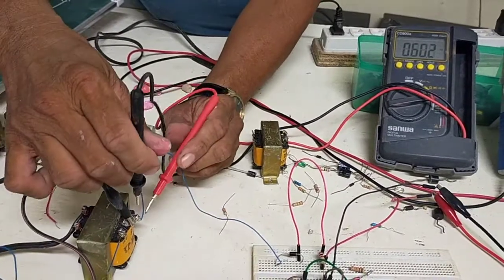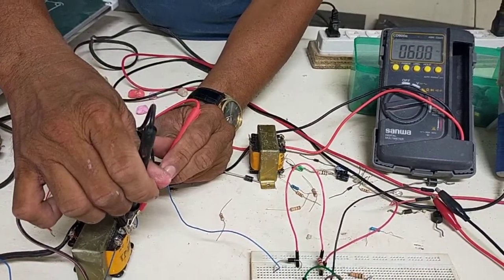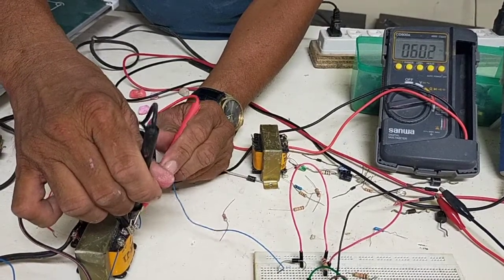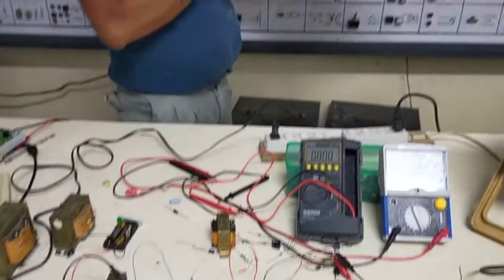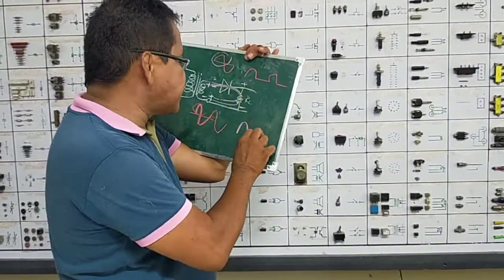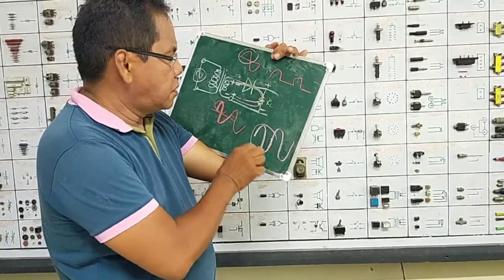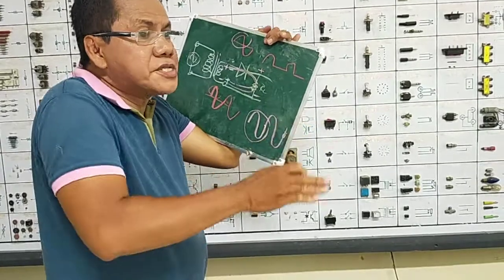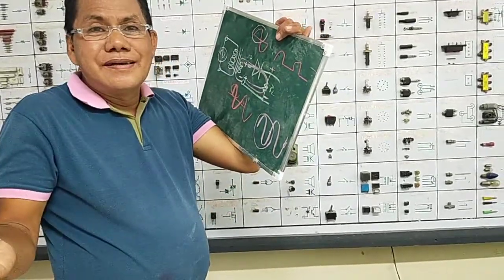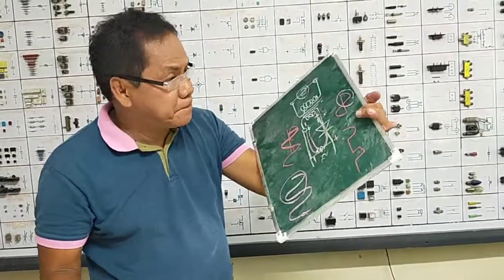In the secondary, it's still 60. See? It's still 60 hertz. Meaning, 60 hertz as a frequency, there are 60 cycles in 1 second. One cycle, 1 hertz. Two cycles. There are 60 cycles in 1 second. So, actually, frequency is the number of cycles per second.